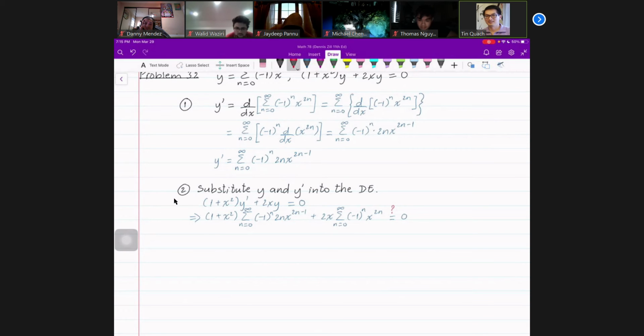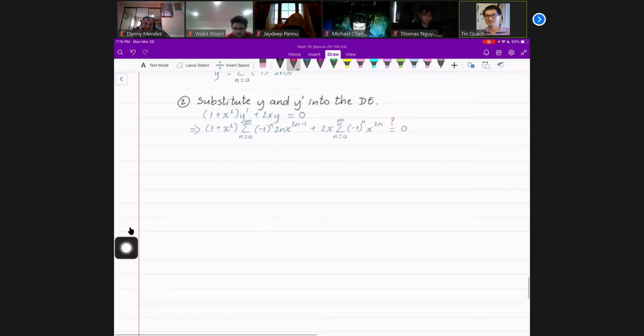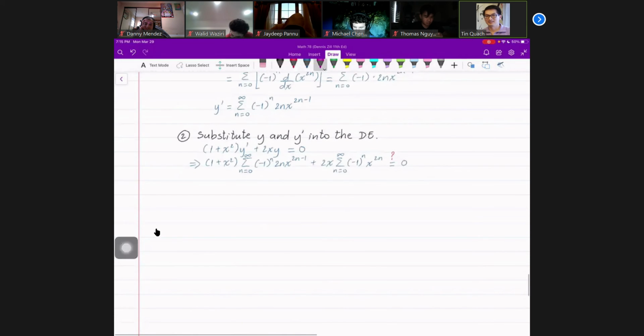Okay, so let's multiply out. If you distribute, you have 1 times the series right here, and then x squared times the series. So what you have is the sum from n equals 0 of -1 to the nth power, 2n x to the 2n minus 1.